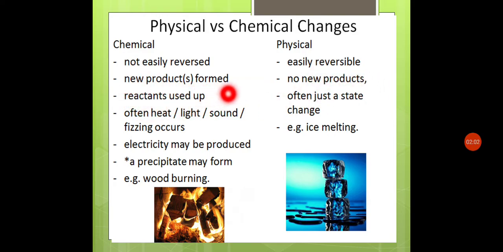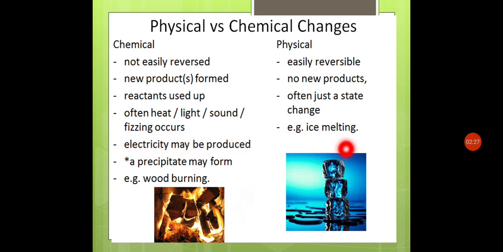New products are formed in chemical change, while no new products are formed in physical change. Reactants are used up in chemical change, while often it is just a state change in physical change. Often heat, light, sound, and fizzing occur.